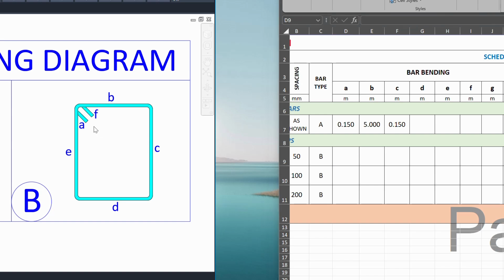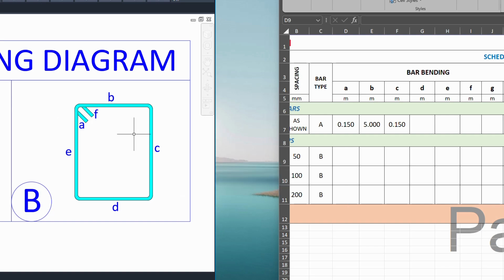Do you remember the hook formula in the general notes we used last time? Although you don't have to use that all the time, always check the general notes in the plan you are using. But if not found, you can always use 6 d_b or 63 mm, whichever is higher.